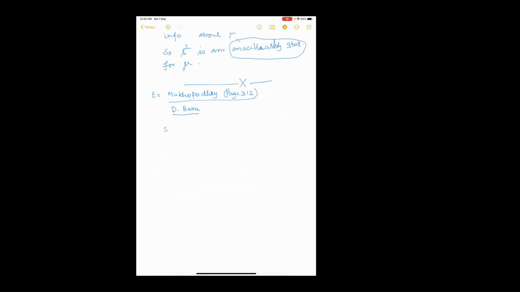So suppose X and Y follow a bivariate normal with parameters 0, 0, 1, 1, rho. So you have two variables, X and Y. This is 0 here, 0 here.